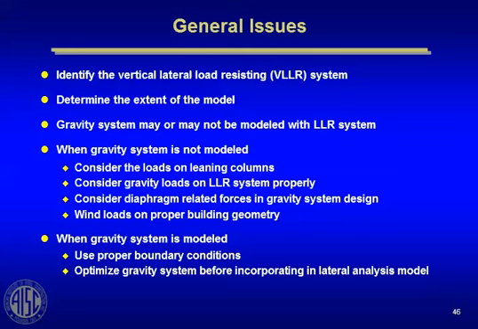But you have to decide how much of the building you're going to model in your lateral load system. If you're not going to model anything but the lateral load frame itself, then you've got to be sure that the gravity loads that are on the building are properly accounted for in the leaning column effect, or the P delta effect, in your moment frame.